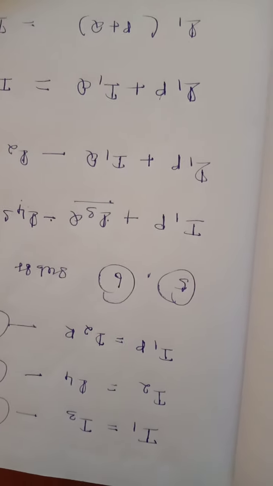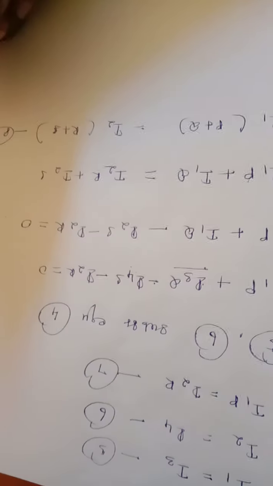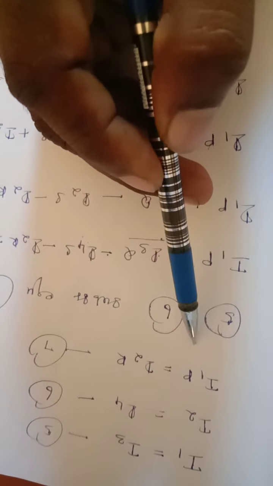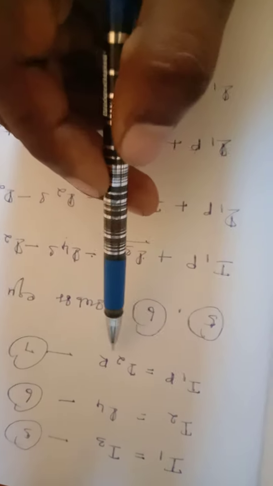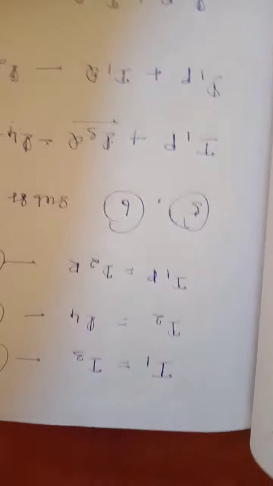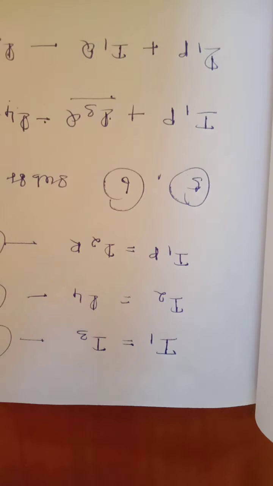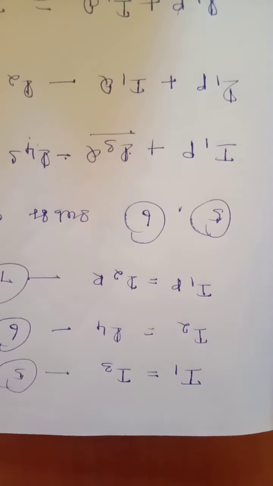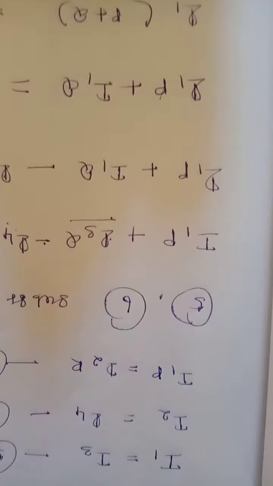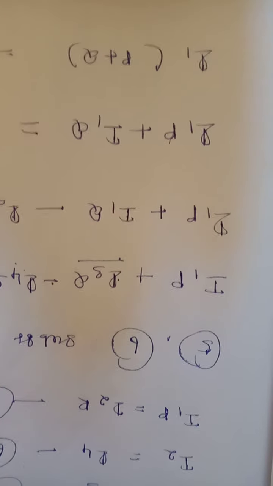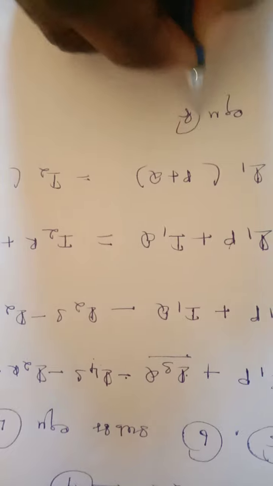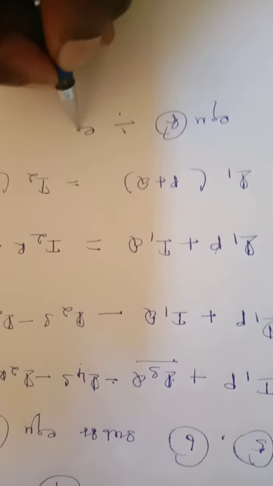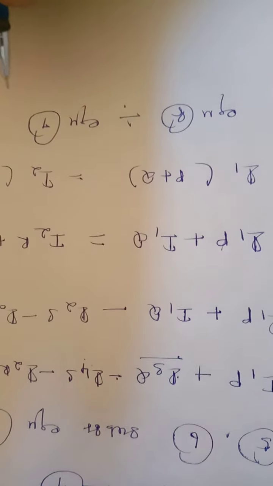This is equation 8. We already know equation 7: I1P is equal to I2R. Now dividing equation 8 by equation 7.